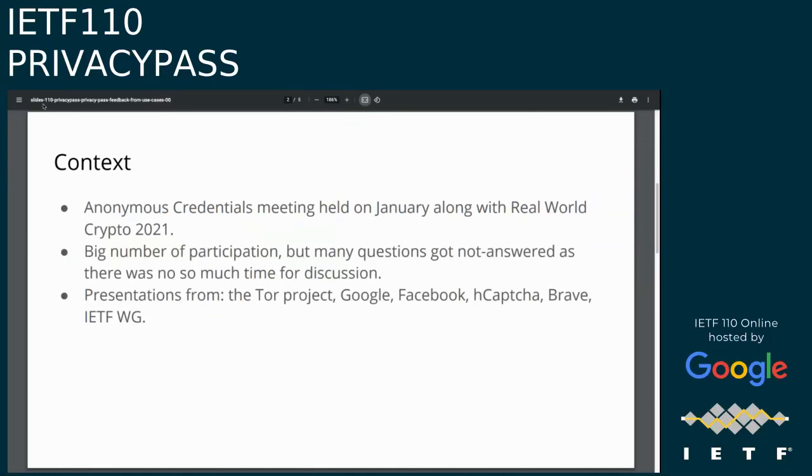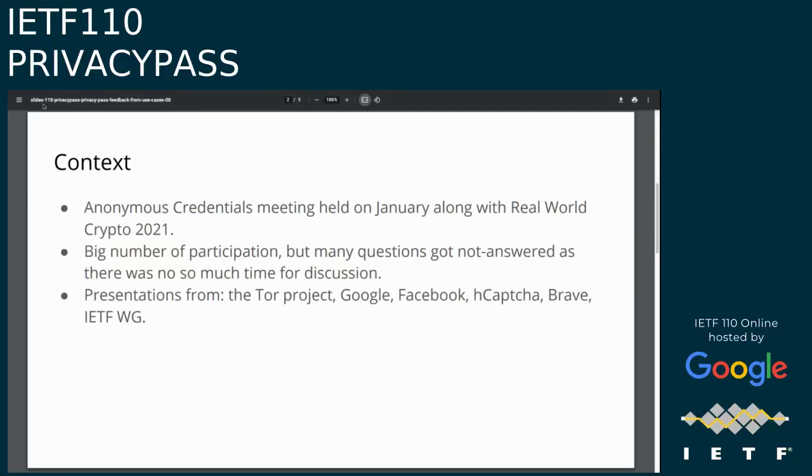We wanted to hear what specific drawbacks or feedback those use cases have for the Privacy Pass documents, the 3 drafts that exist there, what was missing and could potentially be looked into or added.